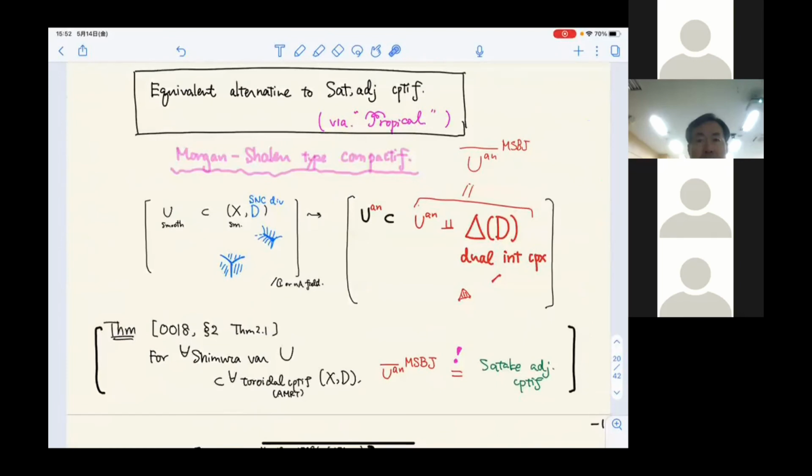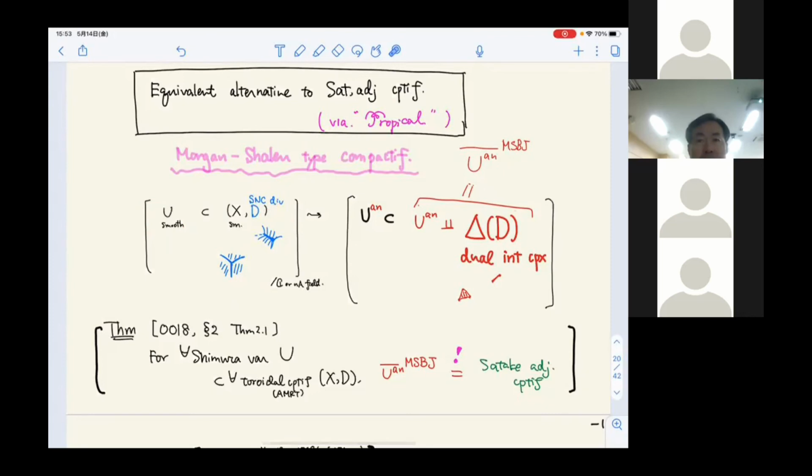So that it may look a bit more familiar from the algebraic geometry perspective. The thing we do is that if you compactify a quasi-projective variety by a smooth space with an SNC divisor as a boundary, we replace the SNC divisor like this.